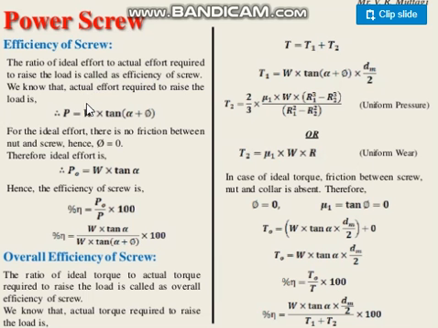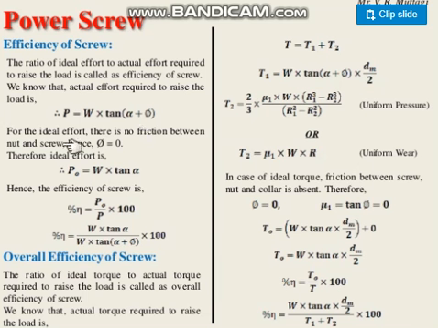Now we have seen the effort required to raise the load. We are only talking about effort, not the torque, so the d by 2 term will not be there. P is equal to W, the weight that we are lifting, into tan of alpha plus phi, or phi plus alpha.